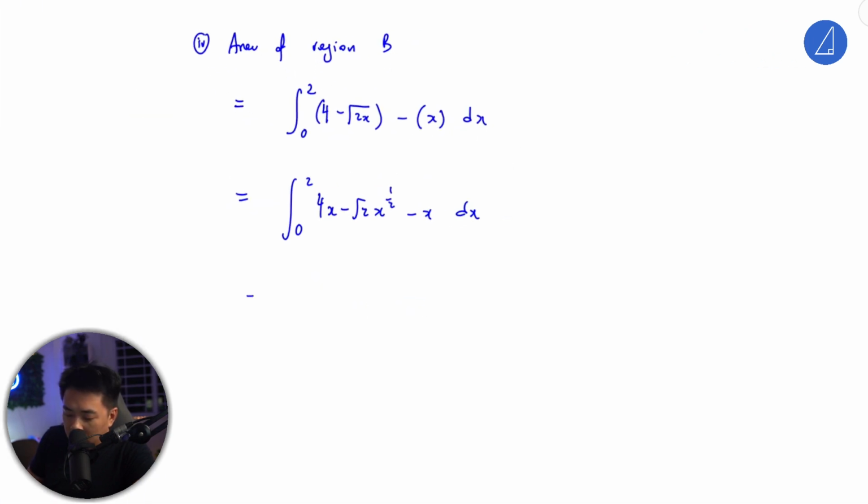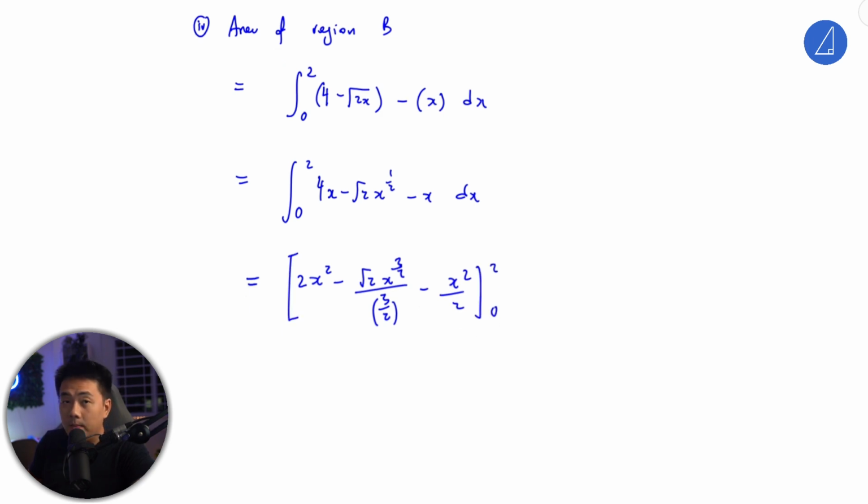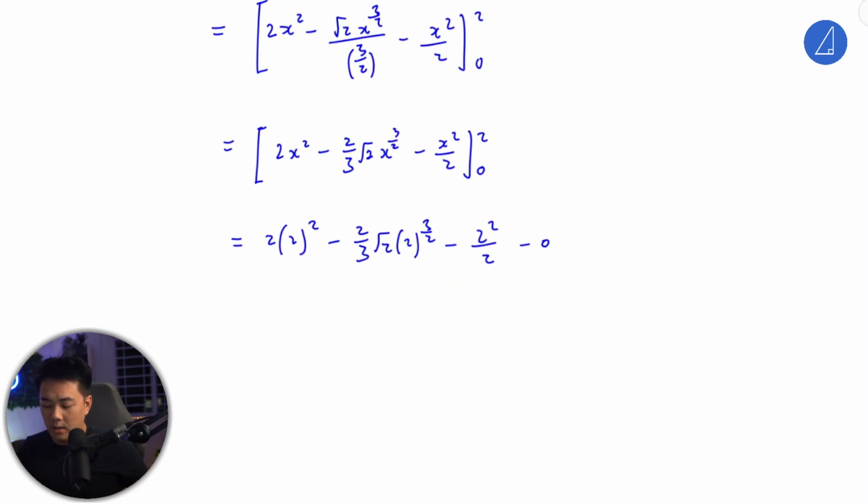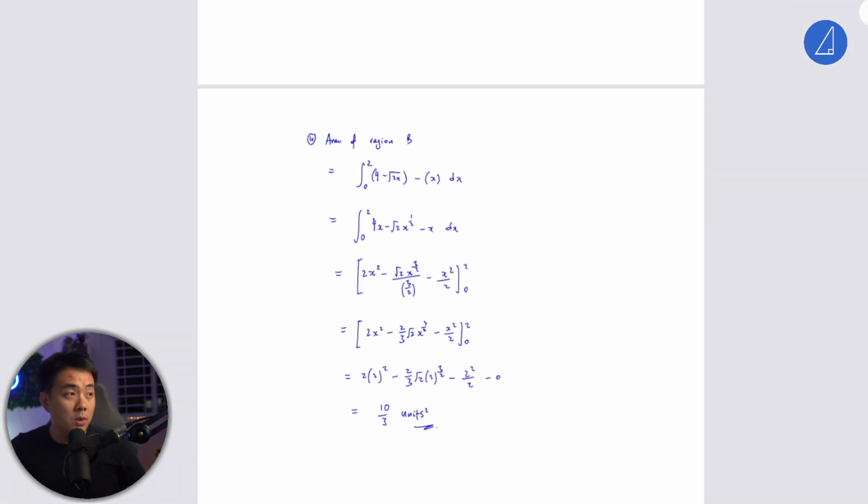Then this would just be 4x minus root 2 x to the 3 over 2 over 3 over 2 minus x squared over 2, from 0 to 2. Just key in the calculator. Similarly, we don't really need the exact value, so we could just key in the calculator, but I think we'll get an exact value here. What we get is 10 over 3 units squared. Okay, so that's how I'll do this question proficiently.